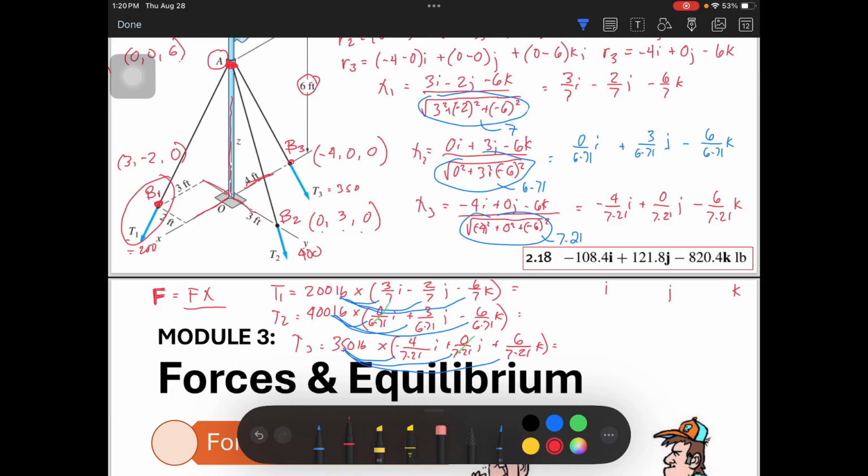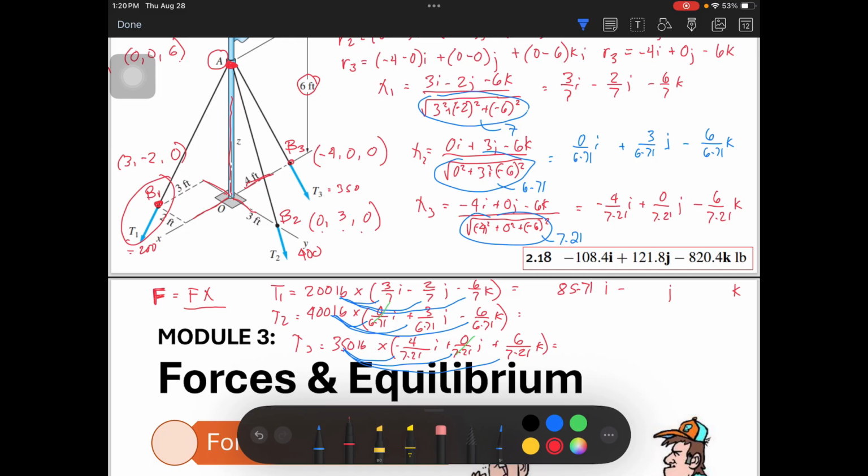So, T1, 200 times vector niya na 3 over 7. That's X. So, positive. So, positive 85.71 pounds yan for X. And then, next, T1 na 200 times negative 2 over 7 for J. So, negative yan.